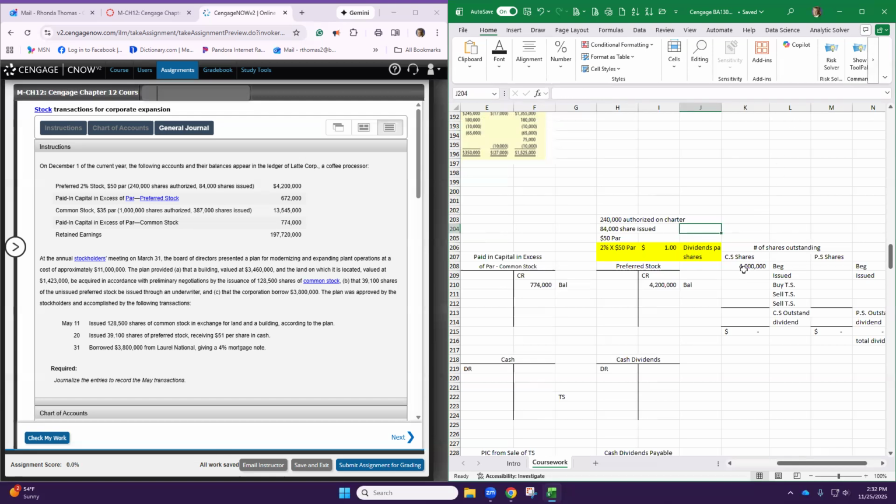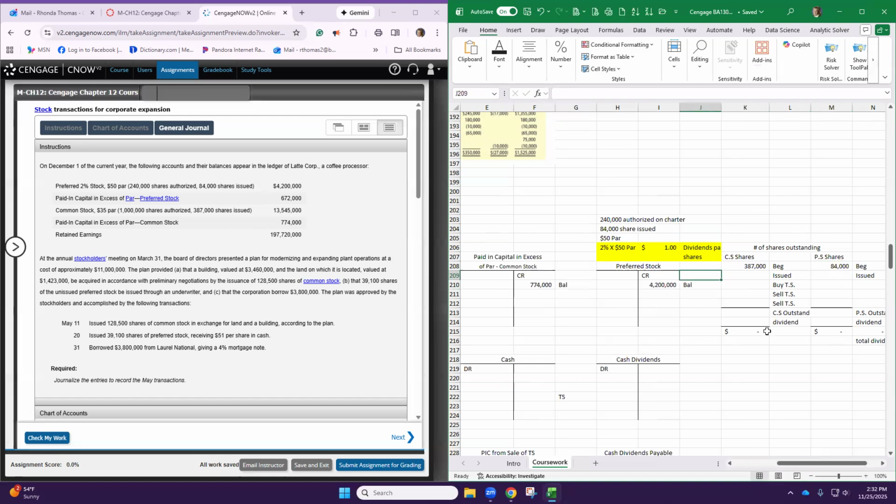By the way, over here, we're going to keep track of the number of shares outstanding. You say, what's the difference between outstanding and issued? Right now there isn't a difference, but I will explain it when we get there. So common shares is 387,000, and the beginning preferred shares is 84,000.